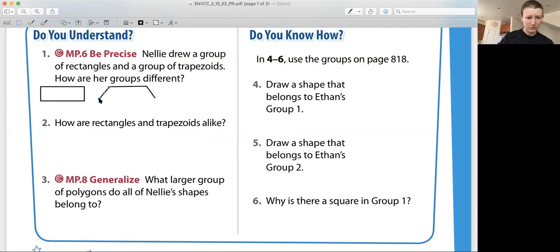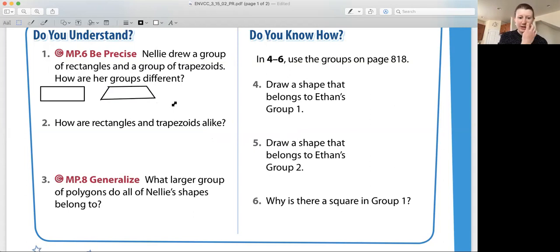Okay, here's my trapezoid. So let's look at these two shapes and think about how they're different.